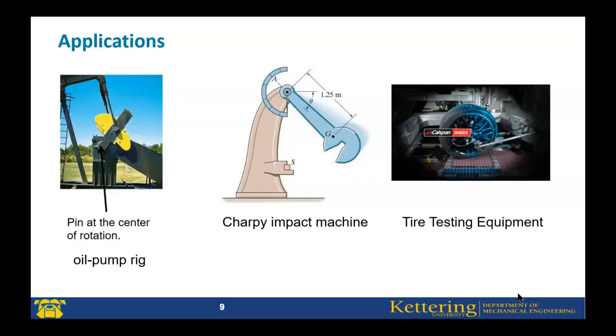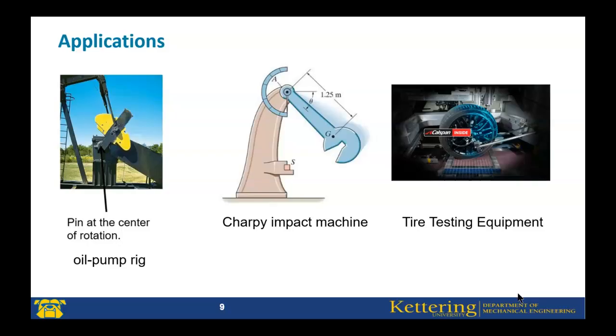In the tire testing equipment, they put the tire, rotate it, and measure the velocity and acceleration under different conditions. For example, they can change the surface, and they can apply forces, like a bump force, to see the response. This is also an interesting equipment.